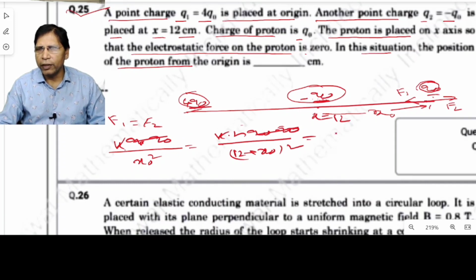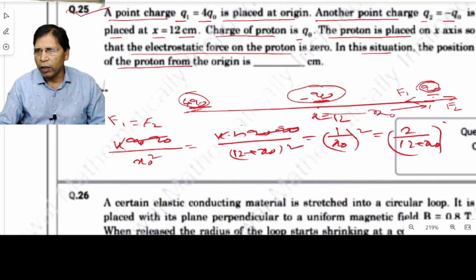So 1 by x naught whole square equals 4 by (12 plus x naught) whole square. So 1 by x naught equals 2 by (12 plus x naught). Therefore, 2x naught equals x naught plus 12. Therefore, x naught equals 12.